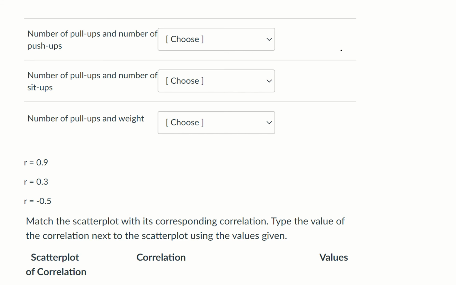Well, I know that as I increase the number of pull-ups, that may correspond to an increase in the number of push-ups, just because both of those are upper body exercises, right?